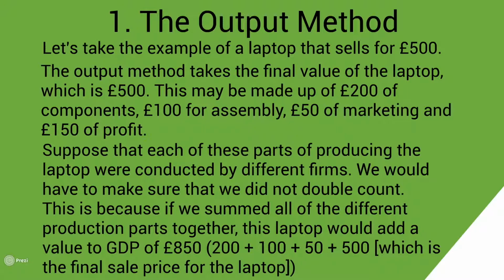This figure arises because the component company sells the components to the entrepreneur for £200. Then, the firm who puts these components together charges £100. The firm who markets the laptop charges £50, and the individual who buys the laptop pays £500. So we have 200 plus 100 plus 50 plus 500, which gives a value of 850.